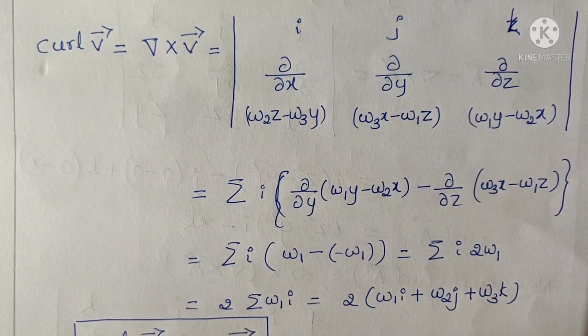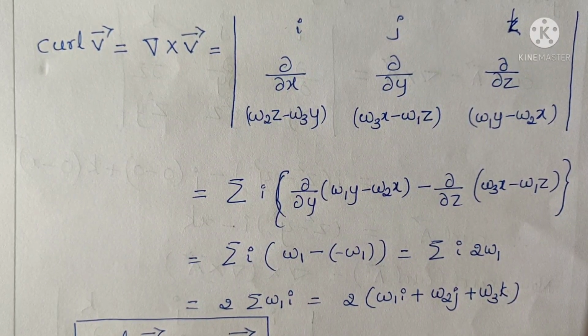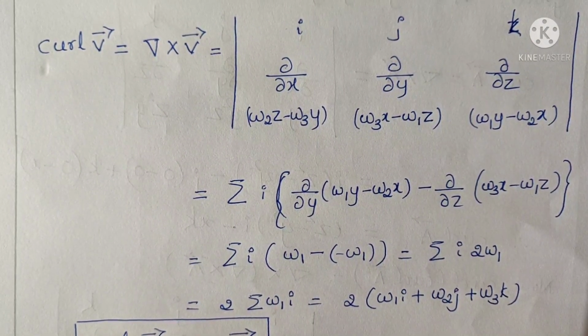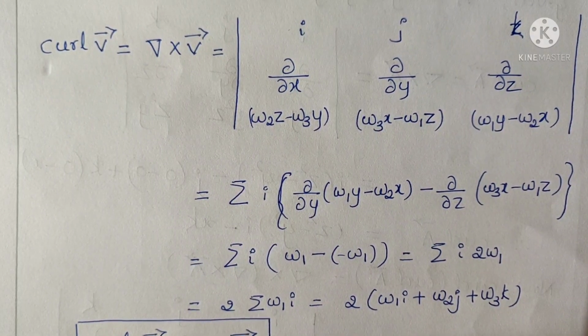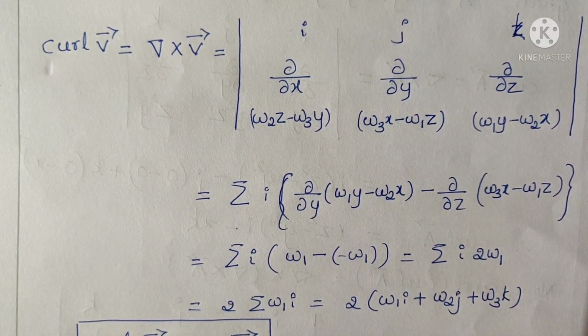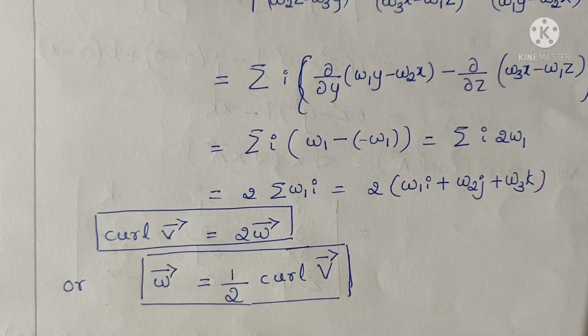Or you may say vector w is equal to 1 by 2 curl of vector v. What does it mean? In the physical meaning of curl, I have mentioned in the note that for any rigid body, the curl is nothing but its angular velocity.